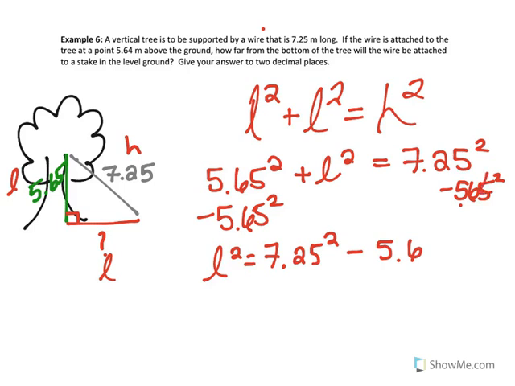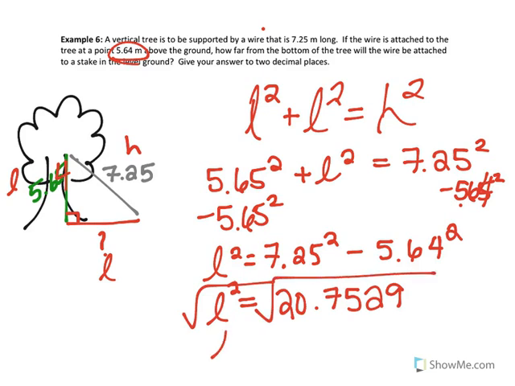Okay, first of all, it's a 4, and I've been writing 5 the entire time. It's a 4. So 5.64 squared. Pause the video, type this into your calculator. You should have got that L squared is equal to 20.7529.